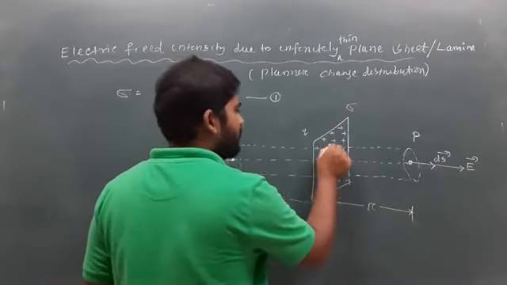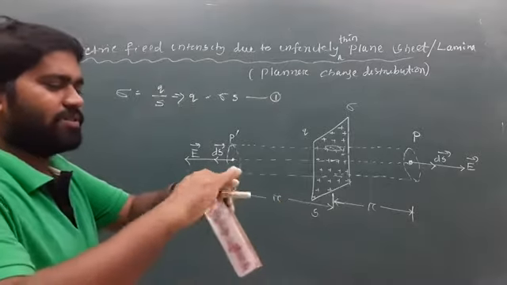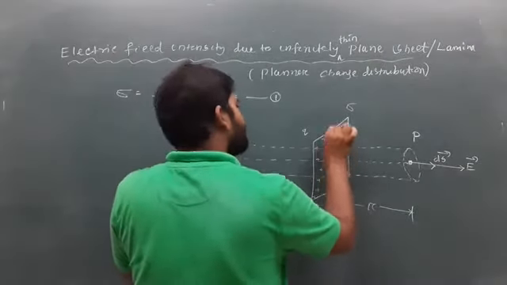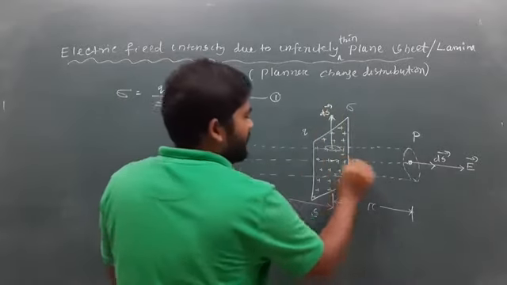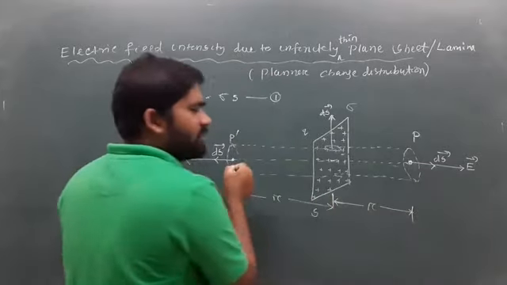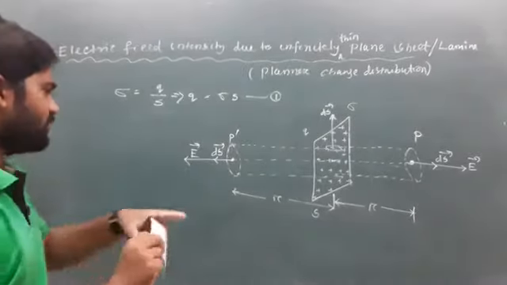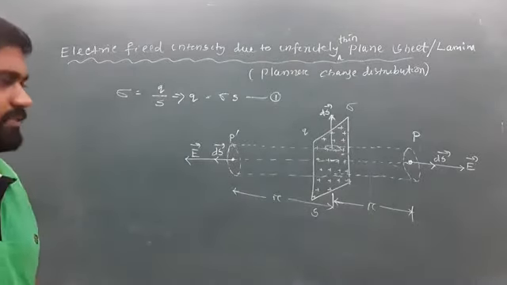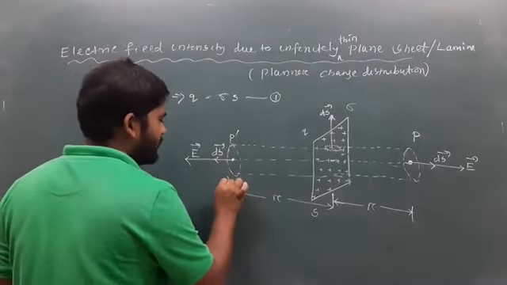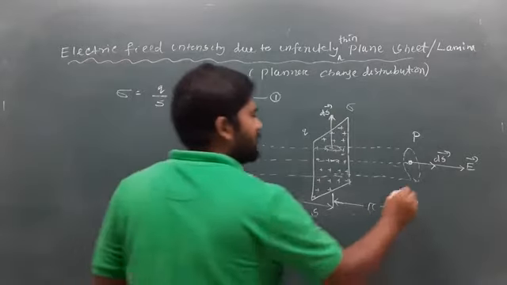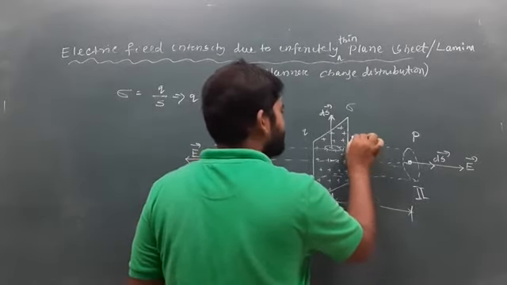This one is a curved region, and for the curved region the surface vector is along this direction, but the electric field is either this way or this way. Electric field does not pass through that small thickness region, so it is always along the two sides of the plane sheet. In such a case we can divide the total Gaussian surface into three different regions: region 1, region 2, and region 3.